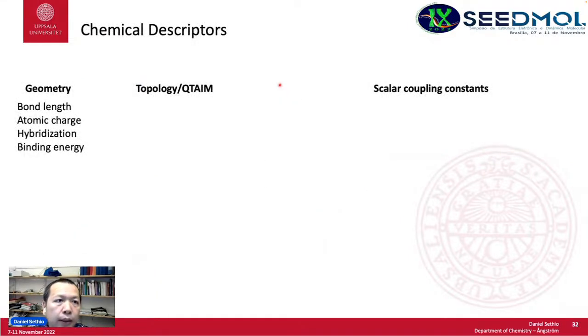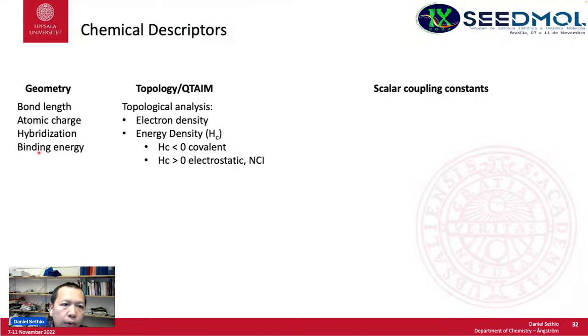In the calculation, we use geometry, topology, and scalar coupling constant calculation. In the geometry, we use bond length, atomic charge, hybridization, and binding energy as descriptors. And for the topology, we perform QTAIM analysis to get the electron density and energy density.